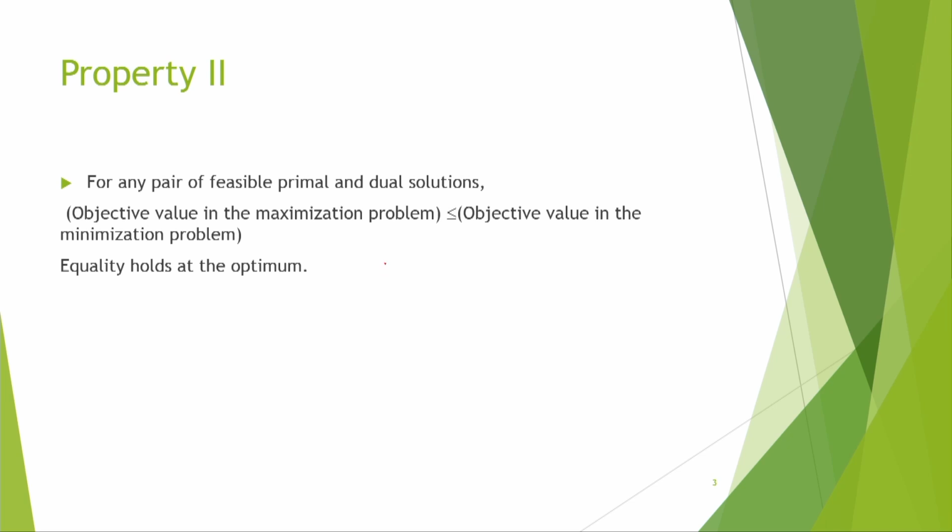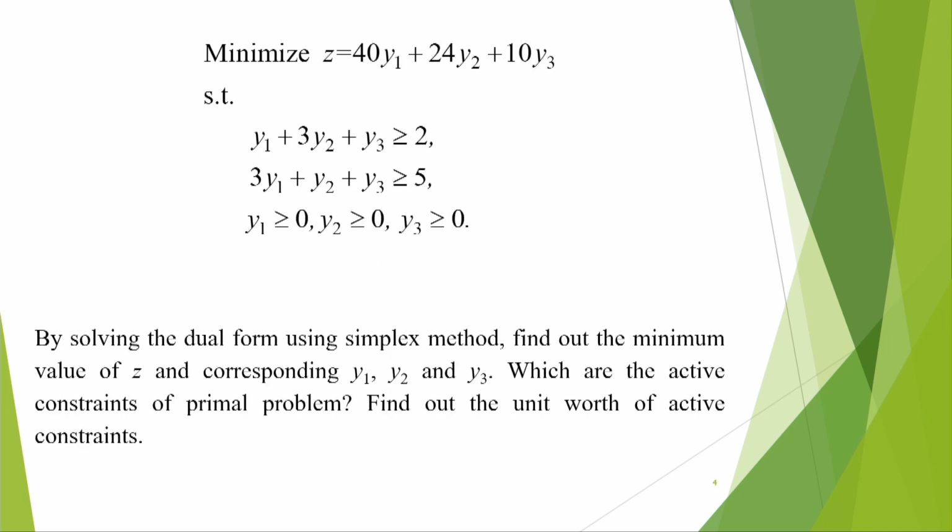That means in the maximization problem we are gradually increasing the value, and in the minimization problem we are slowly reducing the value of the objective function. So, at one point they will both meet. If you have an optimum solution, then both will give the same solution. So, you solve one problem or the other, the final answer will be the same. This is a big advantage.